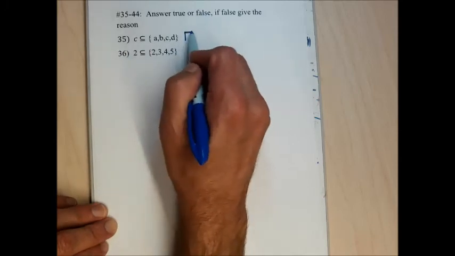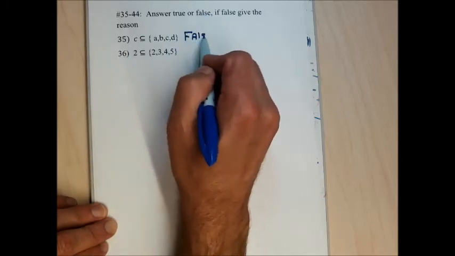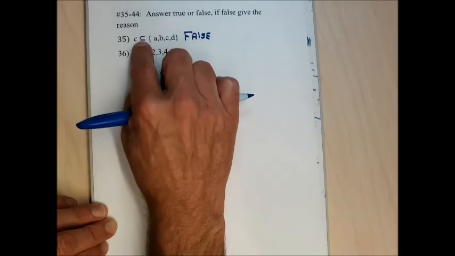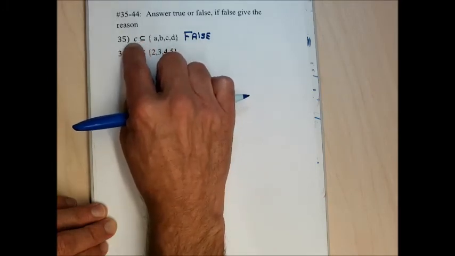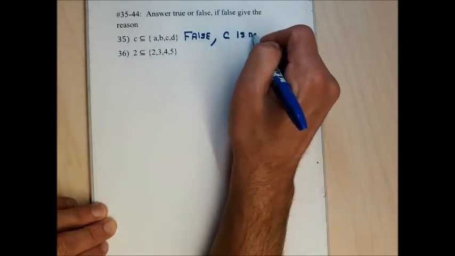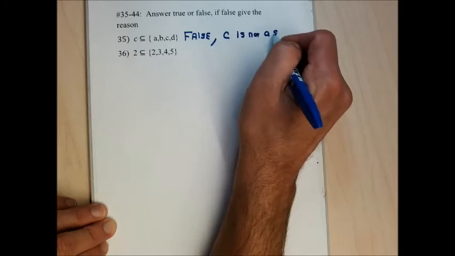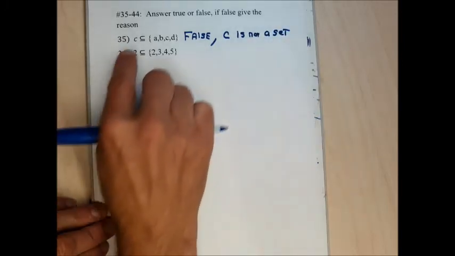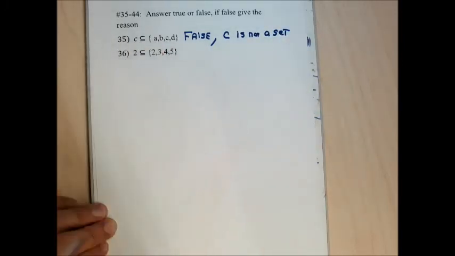This is a false statement, and in order to be false when we have the subset symbol, one of the two reasons needs to be violated. And the reason that's going to be violated is C is not a set. I didn't give a name to these sets. I just give you kind of the right-hand sides, and we have to figure out if it's a true or a false statement using the rules that we know.